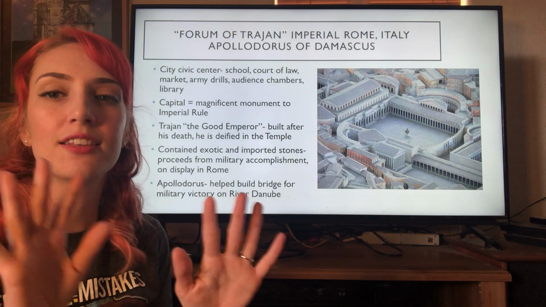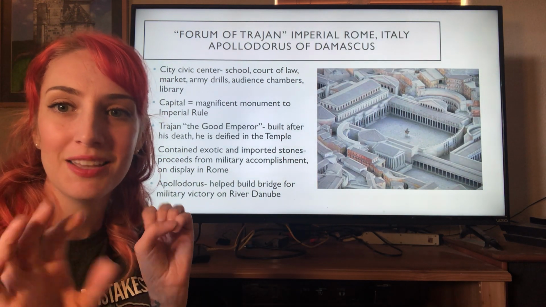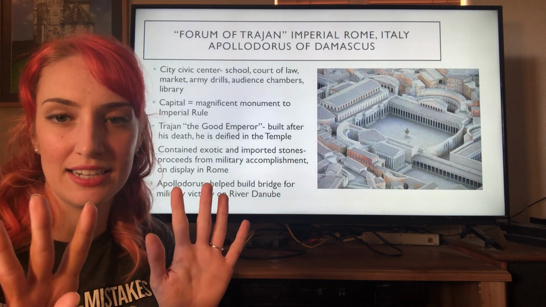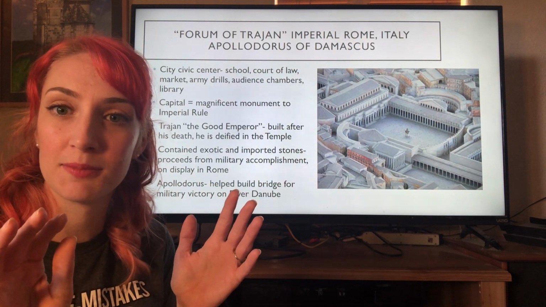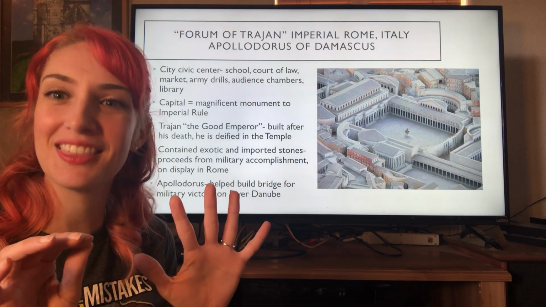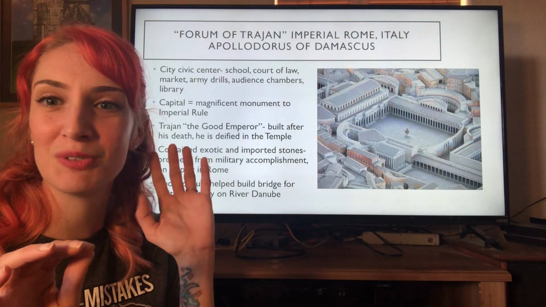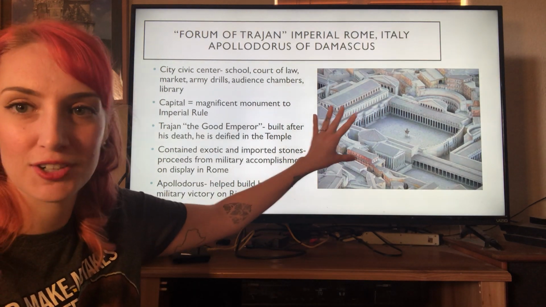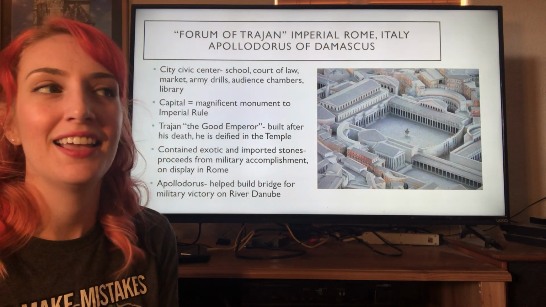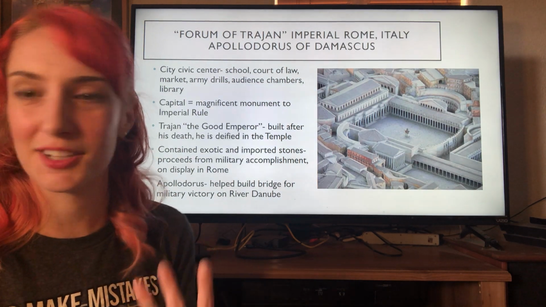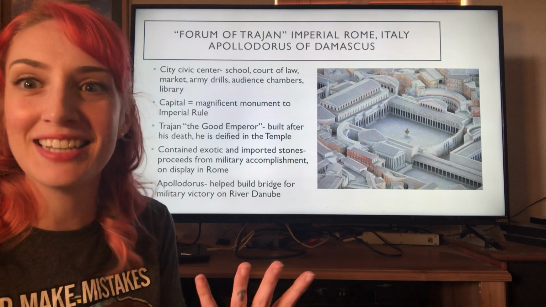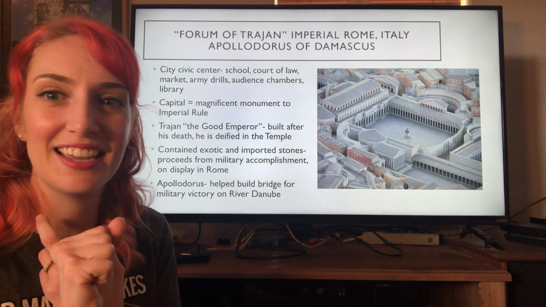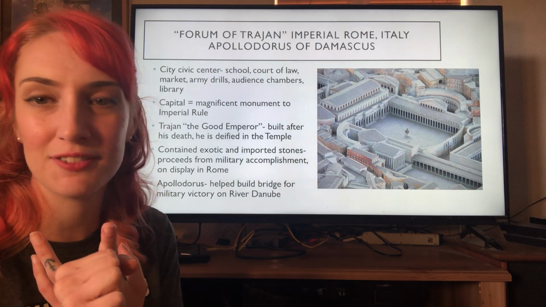Because if you remember, there's a difference between Republic Rome and Imperial Rome. Republic Rome is run by the Senate. And then Augustus comes along and says, hey, how about we put the emperor in charge? And that's where we get Imperial Rome. What we're trying to do with the Forum of Trajan is justify how imperial rule is awesome, especially with Trajan. Look at all the amazing things he did. Look at all the military battles that he won, how much territory we have covered.